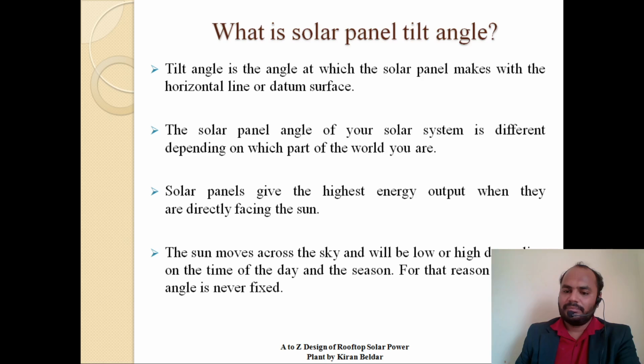Basically, in the winter time, in the summer time, and in the morning, afternoon and evening, there is a difference in sun movement and cloudiness in the sky, and the solar radiation varies. Because of this, the tilt angle is never fixed. It varies according to the winter season, summer season, rainy season, and the time of day also.